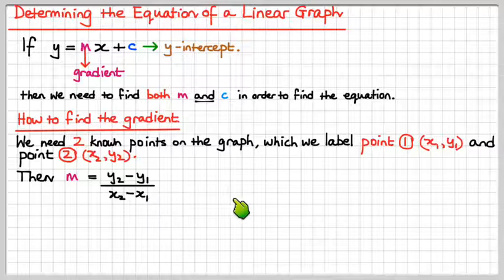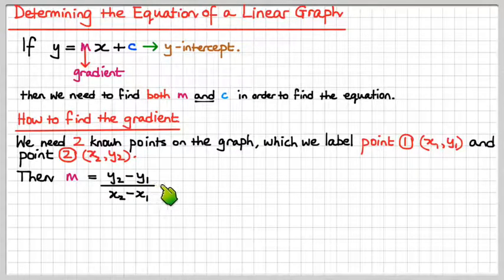Now, if you faithfully follow that procedure, where you assign values of x2 and y2 to point 2 and do the same thing for point 1, you know these points, so you can easily read off their values. So you'll know the value of x1, y1, x2 and y2, and you use that formula.